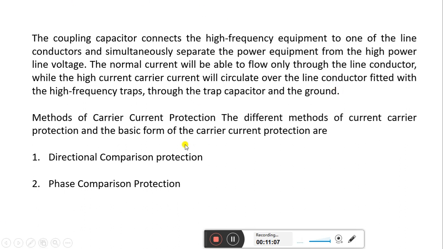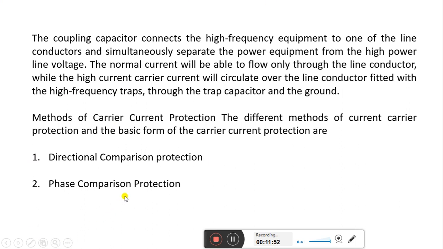Now, there are different methods of carrier current protection, and the basic forms are directional comparison protection and phase comparison protection. In the directional comparison protection method, we evaluate the magnitude of the current at both ends and compare them to actuate a signal for the protection system.